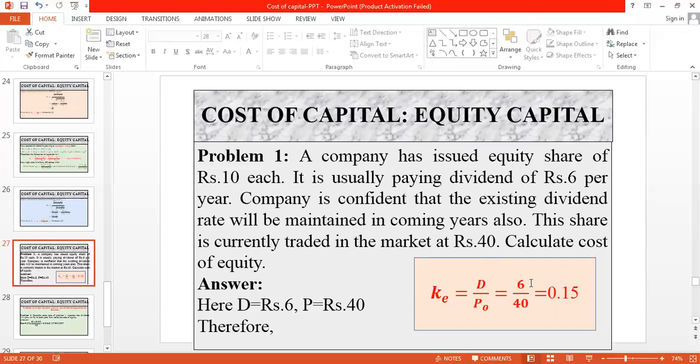On the basis of this, you substitute the value 6 divided by 40, the result is 0.15. So we can conclude that cost of capital is 15%. That's all in this lecture. In the next lecture, we will continue further looking at some other problems.